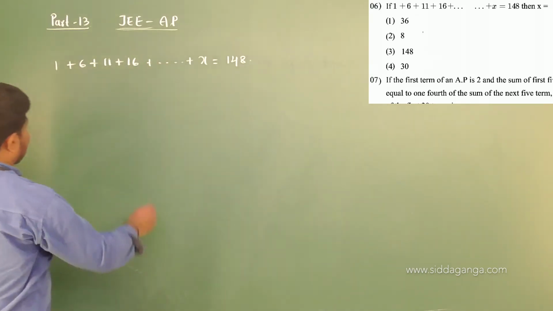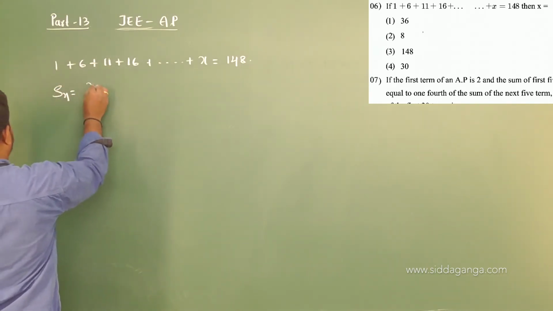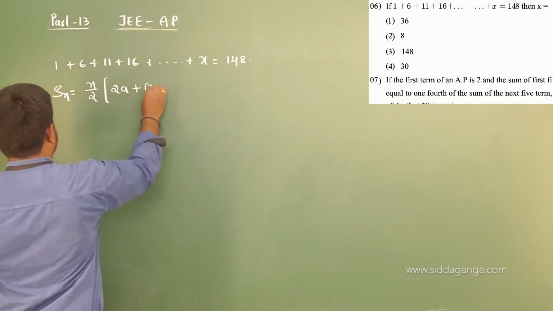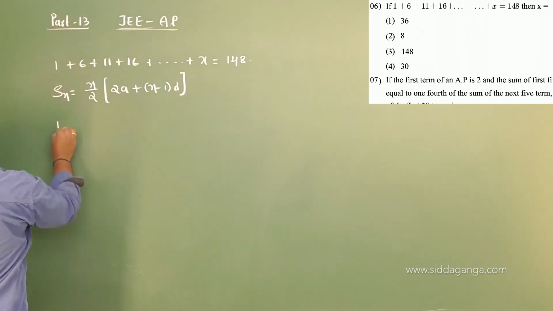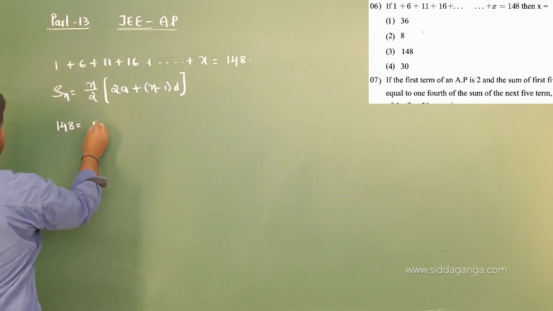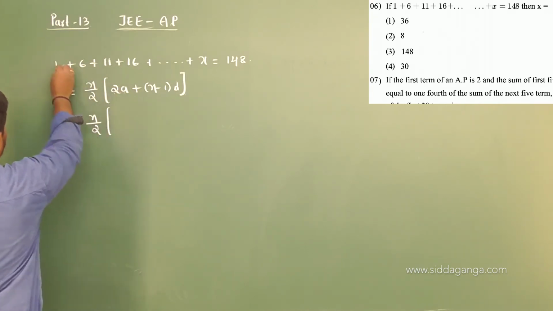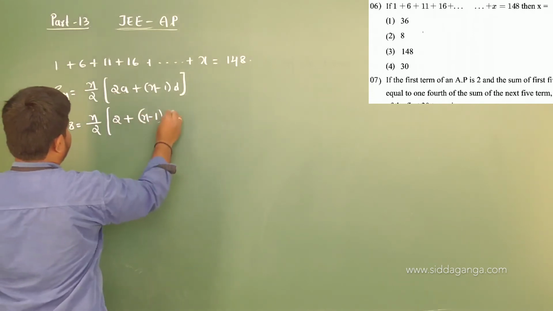For that, using the summation formula, we have Sn is equal to n by 2 into 2a plus (n minus 1) into d. Sn is given as 148, and n is what we have to find. 2a, where a is the first term, that is 2, plus (n minus 1) into d, where d is 5.